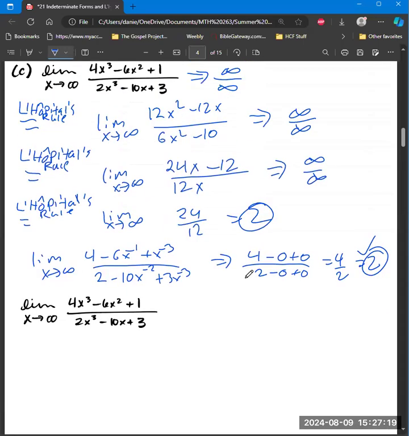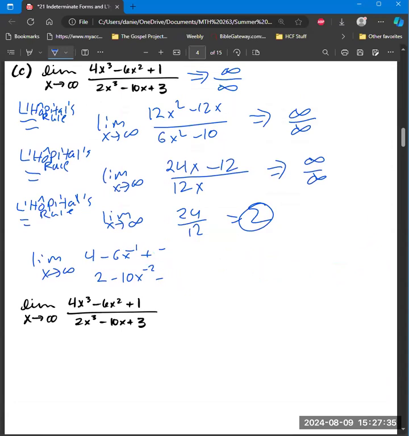So actually, that's exactly what the teacher wanted me to do right here. So let me go back and do that problem again with our Calculus 1 technique and show you that we get the same answer. So right here, going to multiply by x to the negative third over x to the negative third.